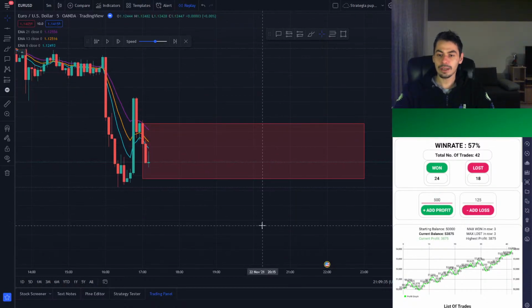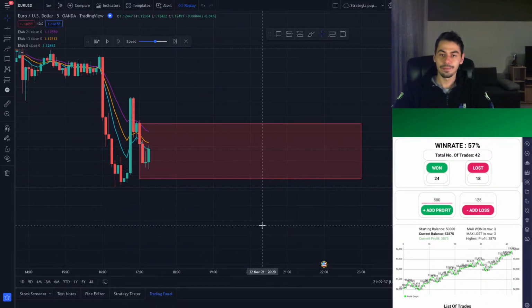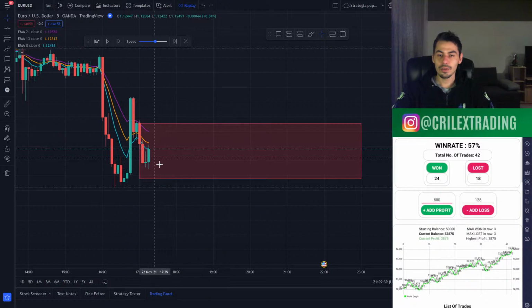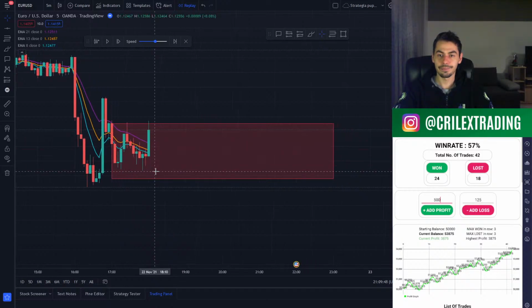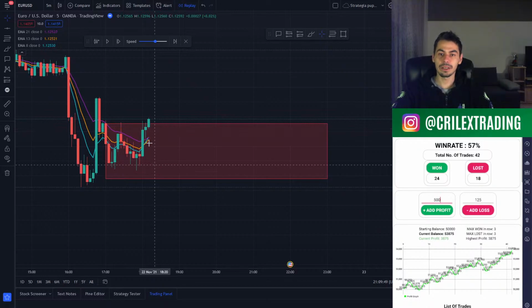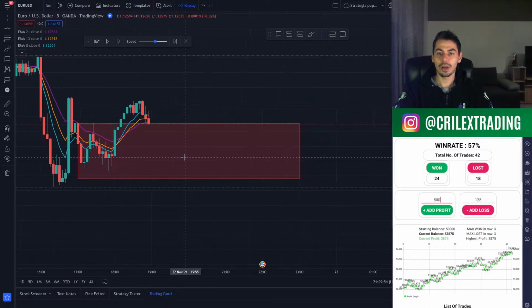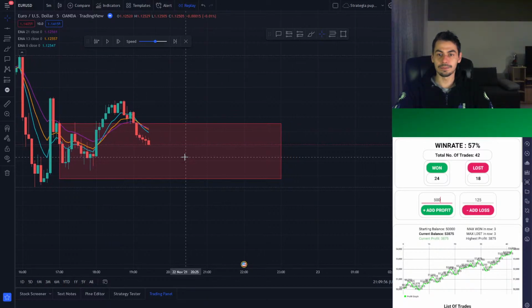Let's see if we get any entries right here. Okay, so this candle retests. If the price goes below this level where I'm holding the cursor, we will be in a sell position. But this position is invalidated because this candle closed above the 21 EMA. Moving on and looking for another signal.